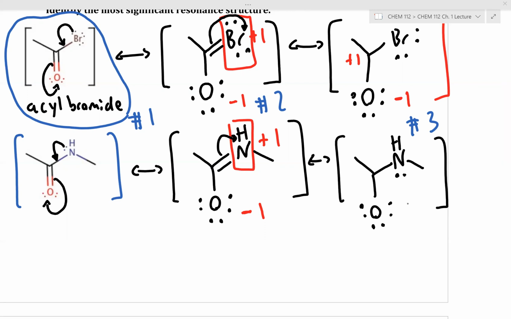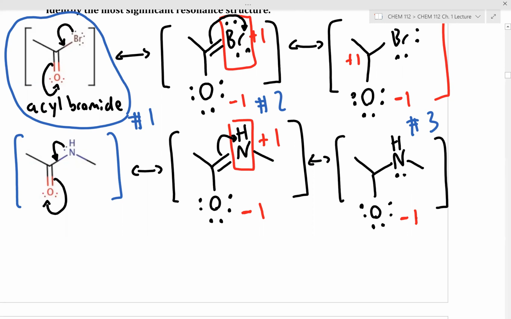And let me fill in the formal charges. Okay, now we've established that this resonance structure is a major contributor, right? It follows the octet rule. Its formal charges are present, but they aren't particularly bad. Nitrogen is electropositive. It can accommodate a positive formal charge.